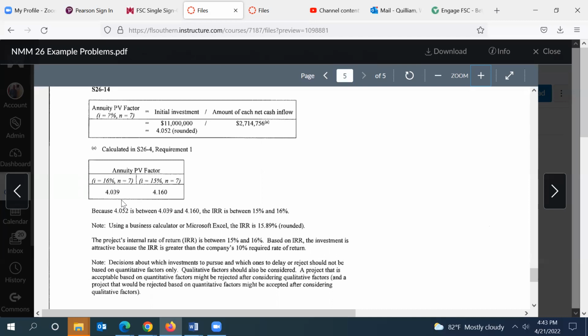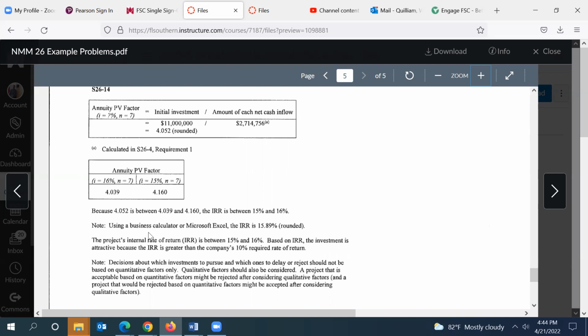So that's why I say we could say 16%. As they say here though, because 4.052 is between 4.039 and 4.160, the internal rate of return is between 15 and 16%. It's a lot closer to 16% than to 15%.